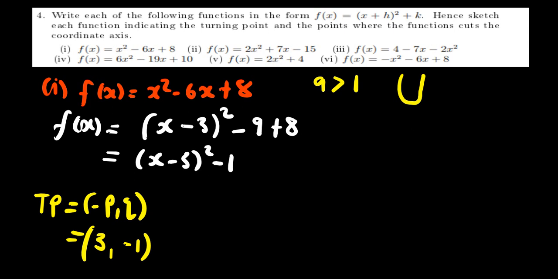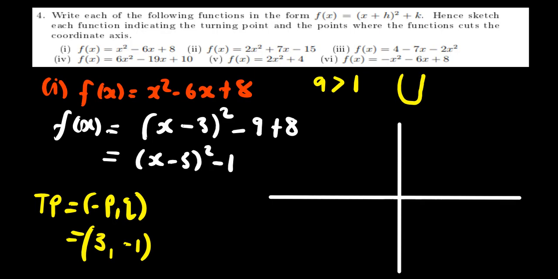Okay, so let's graph. Let's say this is our graph. This is the y-axis, this is the x-axis. Okay, allow me to draw it from that side. Okay, so what are we now going to have?